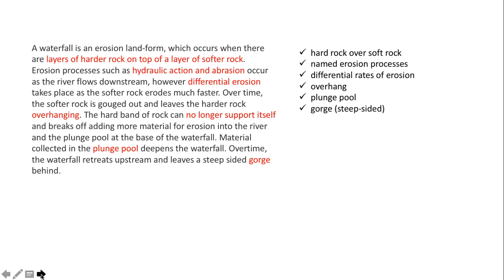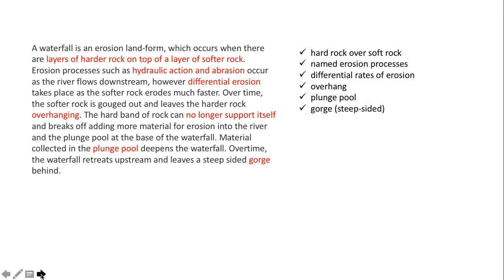Just take a minute, pause me, read through this answer. Okay, the answers that you guys wrote to this were really quality, and here's an example of a quality answer. We've got that really important first step, that there is a differential rate of erosion between hard rock and soft rock.